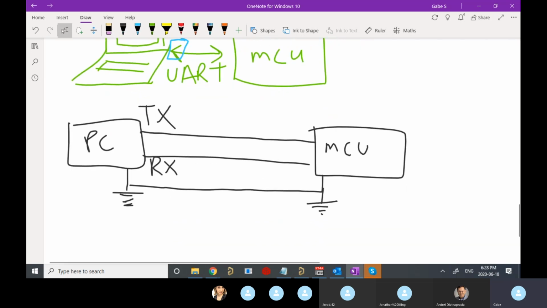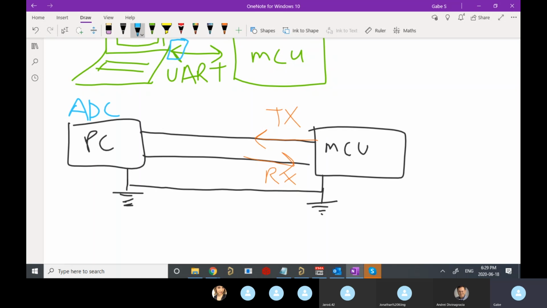So let's look at it from the point of view of the microcontroller. So let's say this is the microcontroller's TX line, and this is the microcontroller's RX line. What's important to note, and that actually gets a little bit confusing, is that the microcontroller's transmit, so TX, needs to go to, if this is your ADC or your slave or your PC or your DAC, whatever you're talking to, the TX of the microcontroller has to go to the RX of whatever you're talking to, right?